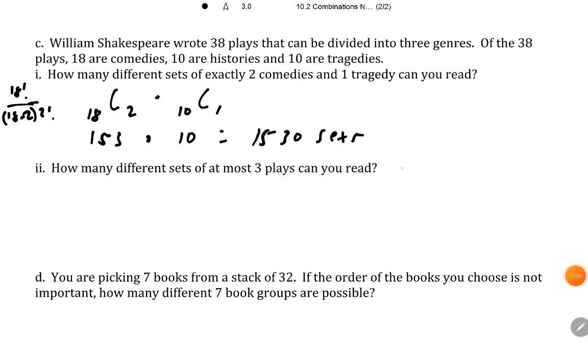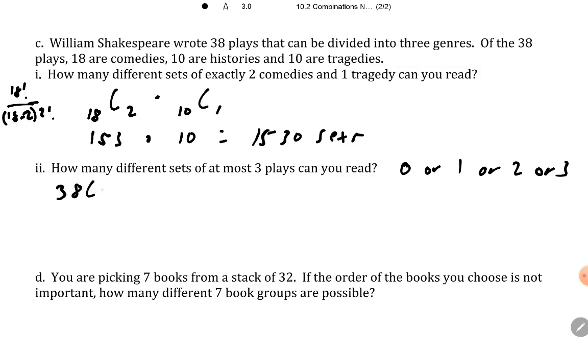So what this is saying is you can either read 0 plays, or you could read 1 play, or you can choose 2 plays, or you can choose 3 plays, and we want to know how many different sets, how many different combinations can you do.